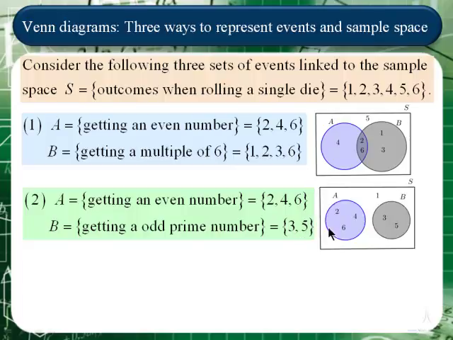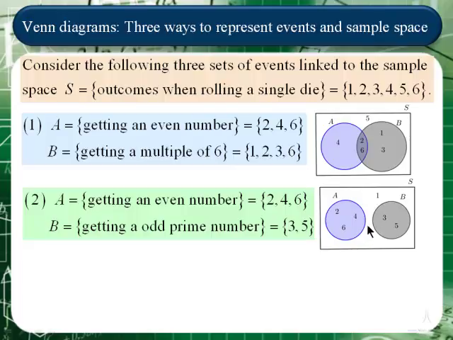If we make a sketch for these 2 events together with the sample space, then we find that the 2 events have nothing in common. So therefore the outcomes 2, 4, and 6 belong to the event A only, the outcomes 3 and 5 belong to the event B only, while the outcome 1 does not belong to either of the 2 events.